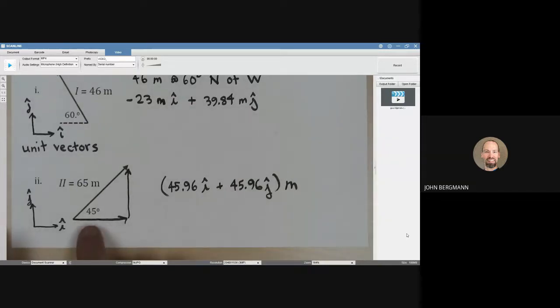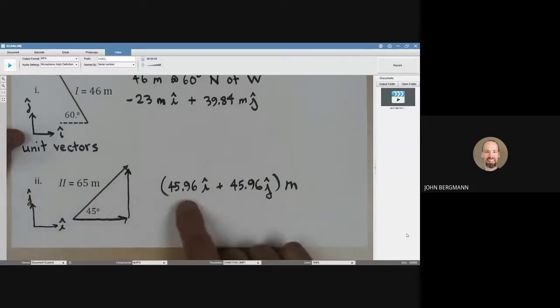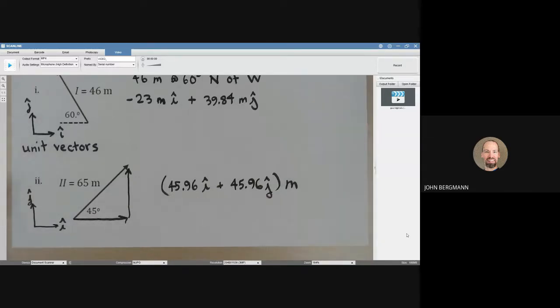What would be another way to say this? 65 meters at 45 degrees above horizontal, if that's our point of view. Or if we're in the clouds looking down, what would this be? 65 meters at 45 degrees north of east. But I'm not going to write those down. I'm going to want to focus here on the unit vectors.